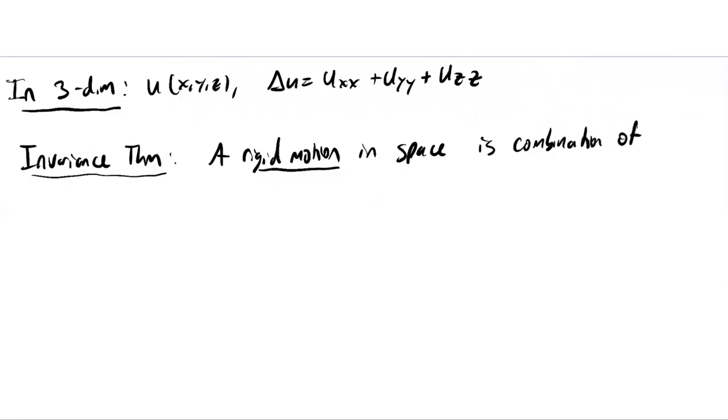For example, you can translate your coordinates or rotate your coordinates. And so the theorem says that, in the same way as in the two-dimensional case, the Laplacian is invariant with respect to rigid motions.